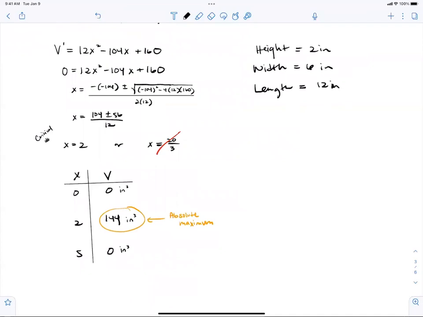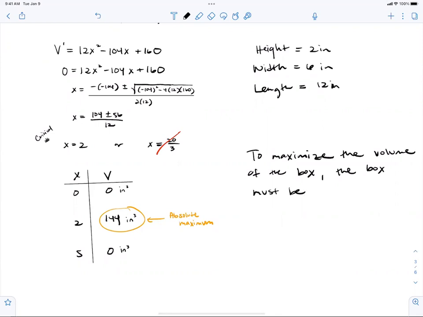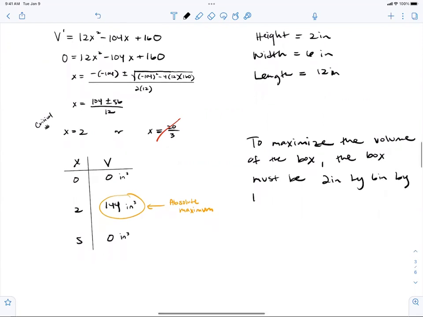We're not done. We need a sentence. So we could say something like, to maximize the volume of the box, the box must be 2 inches by 6 inches by 12 inches.